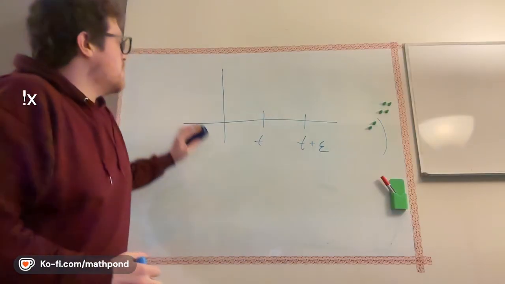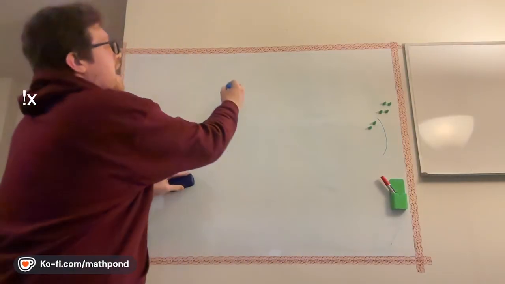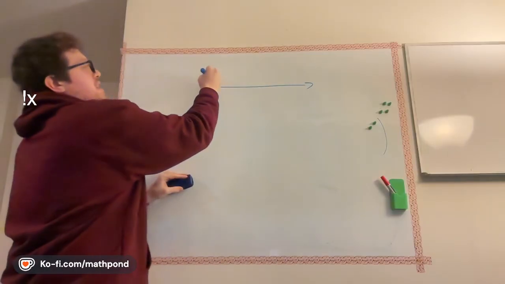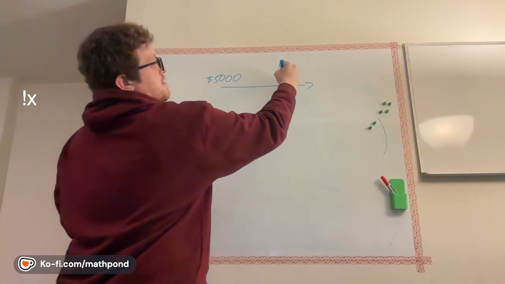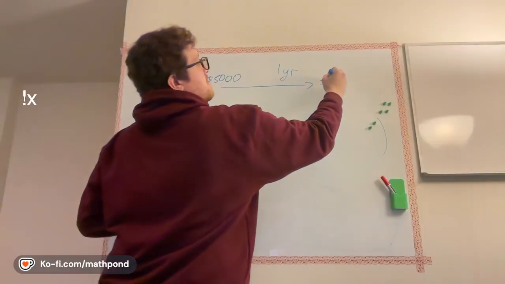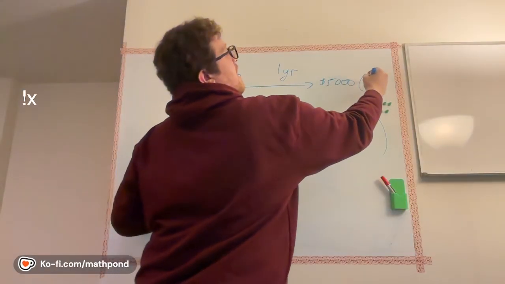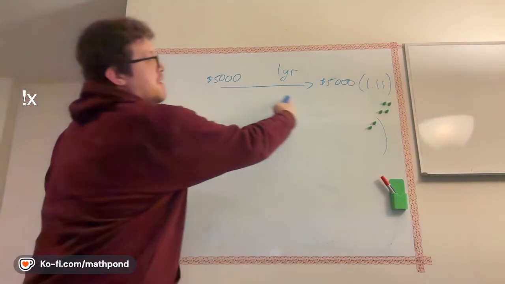Basically, there are 2 ways to think of it. Either I'm going an entire year, I start out with $5,000, and at the end of 1 year, I have now $5,000 times 1.11. So I have 11% more, and it took me 1 year.